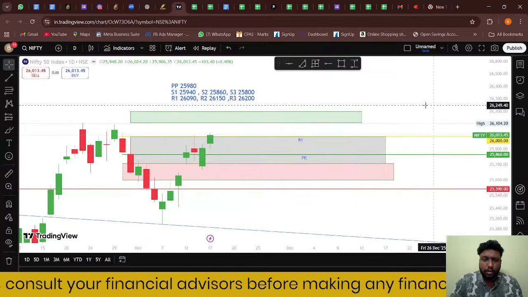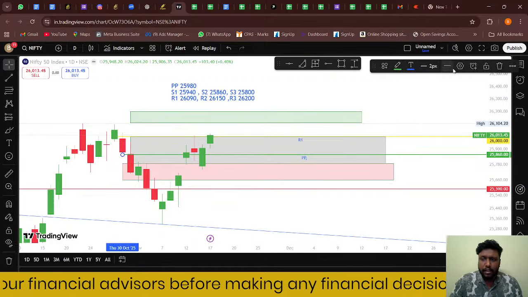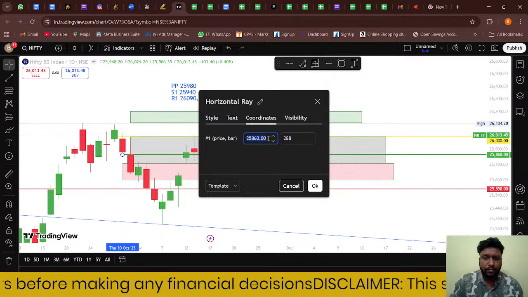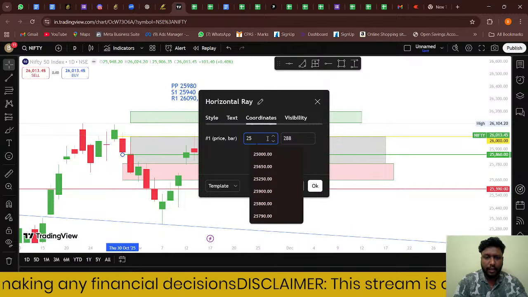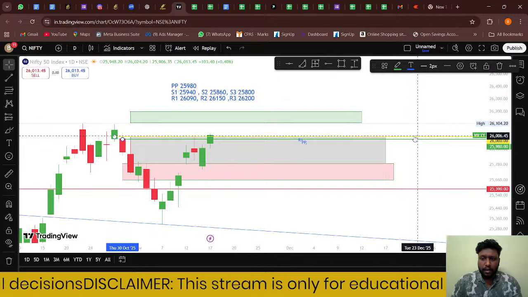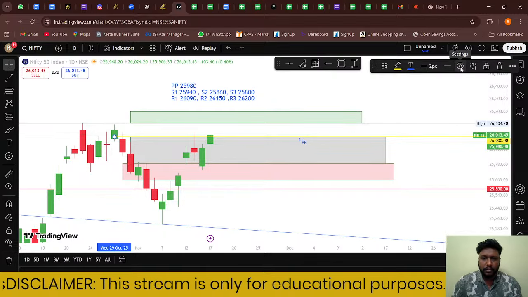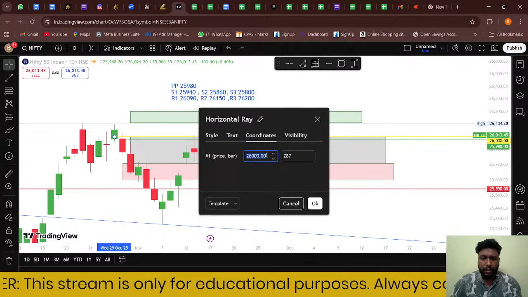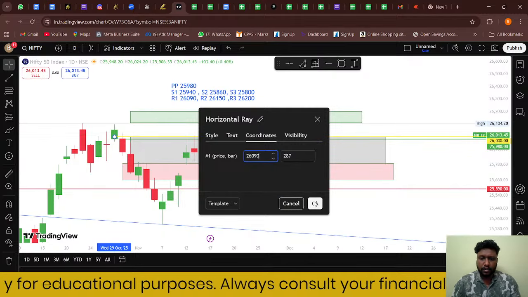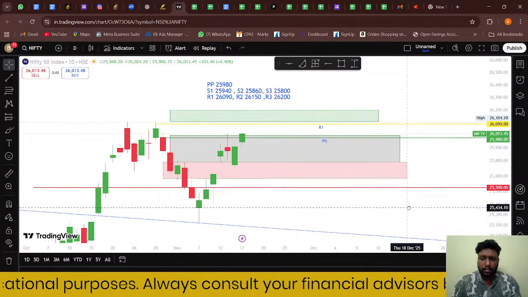So we will sort this out quickly. First we will mark the pivot point, which is at 25,980, and R1 also we will mark. R1 is at 26,090. Yesterday it was 26,000, now it is at 26,090.